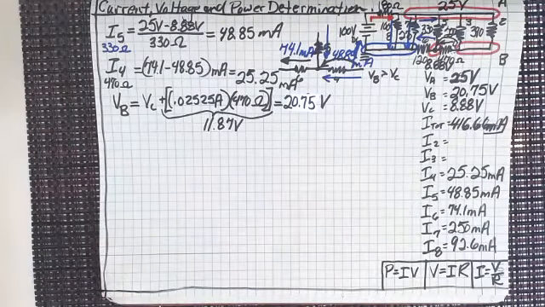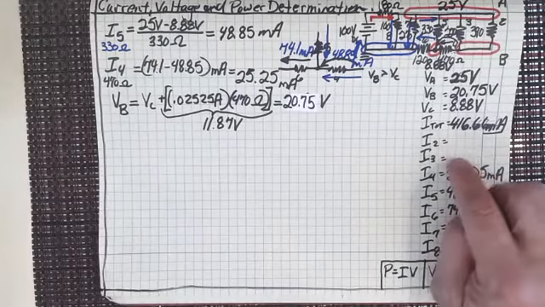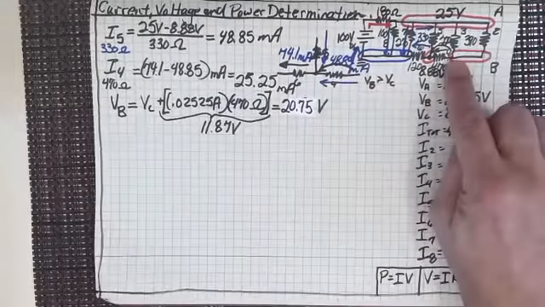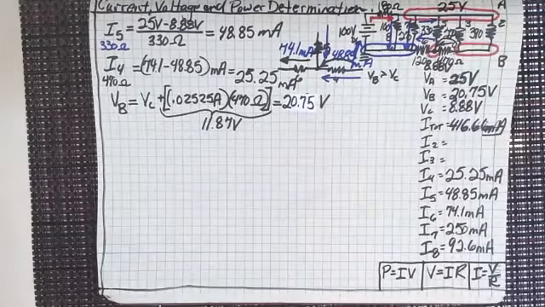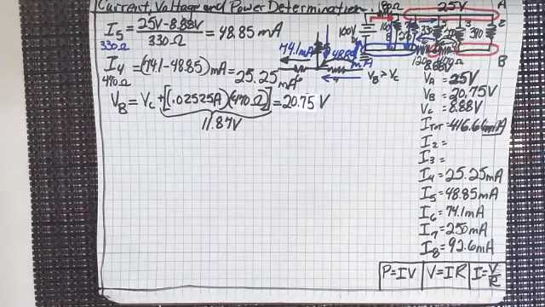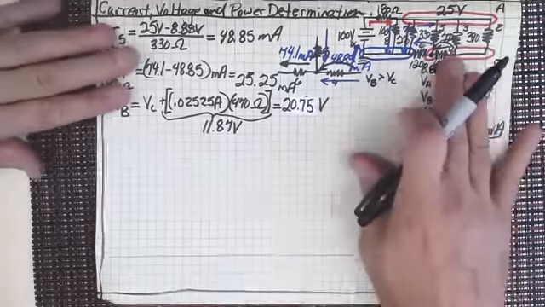All right. All we need now is I2 and I3, and those should be easy because we know what the two terminal voltages are on both of those resistors, right? So let's just figure those out one at a time.